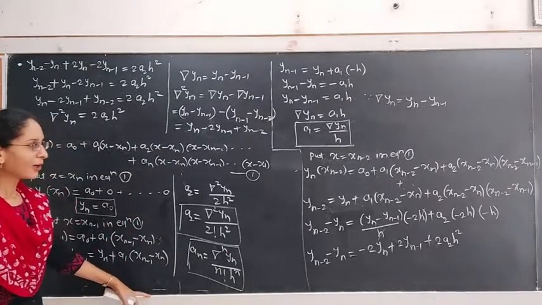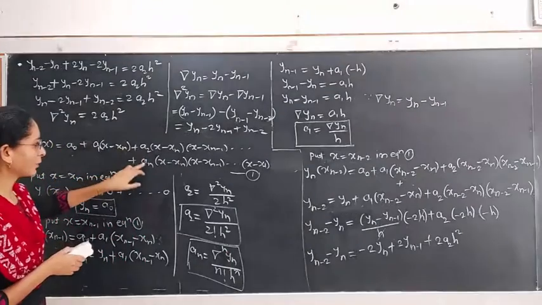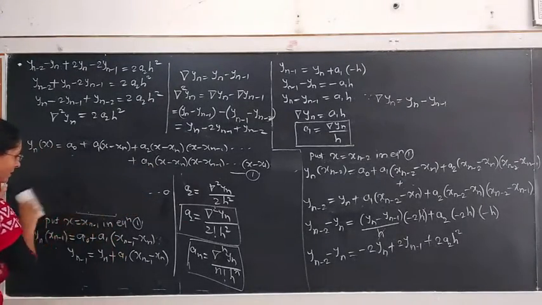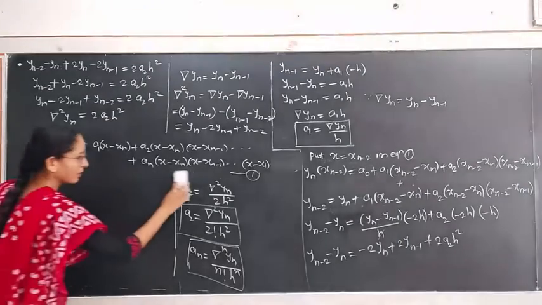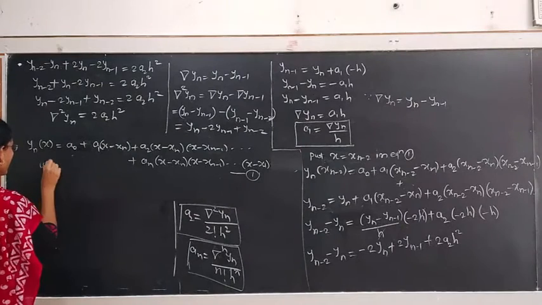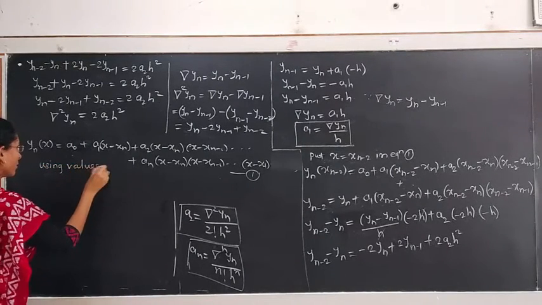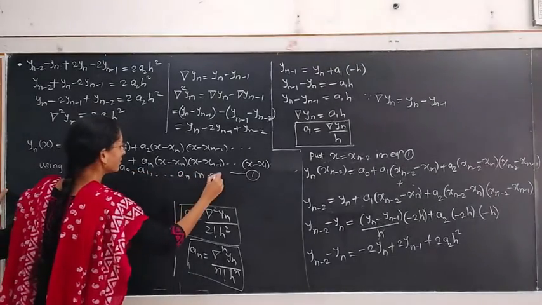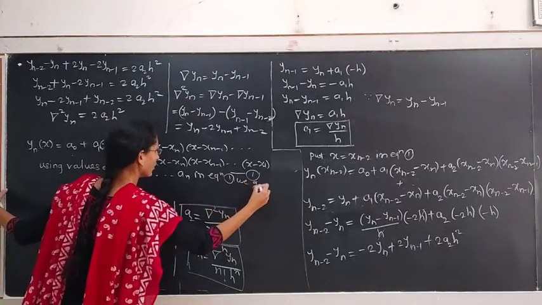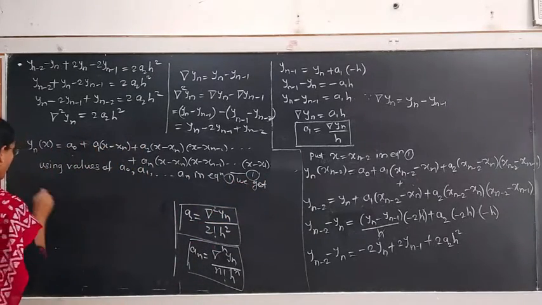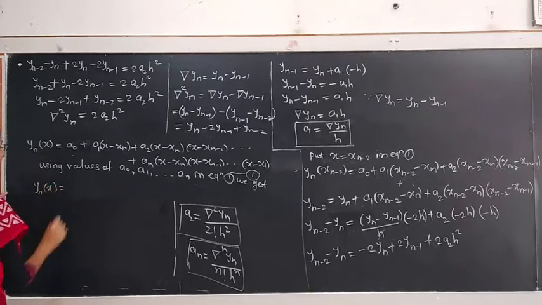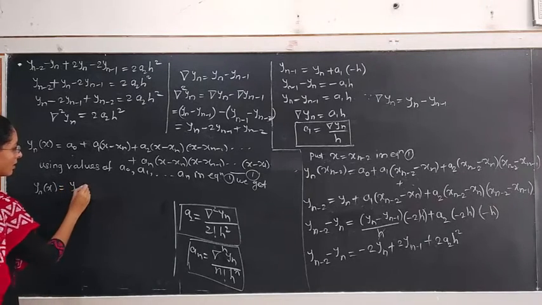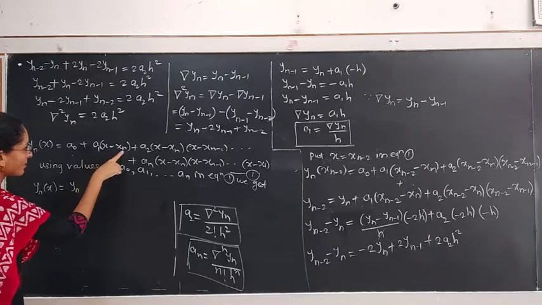Using the values of all the constants, namely a0, a1, a2 up to an, in equation number 1, we get the backward interpolation formula. y_n of x is equal to a0 value was y_n, plus this term is a1 into x minus x_n.